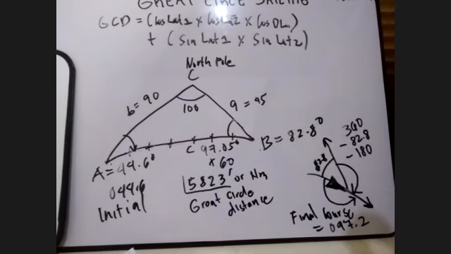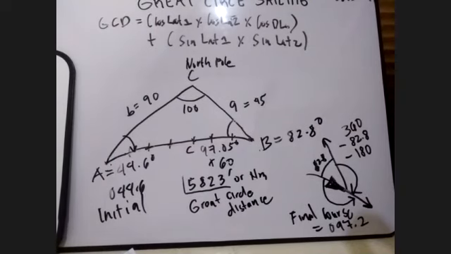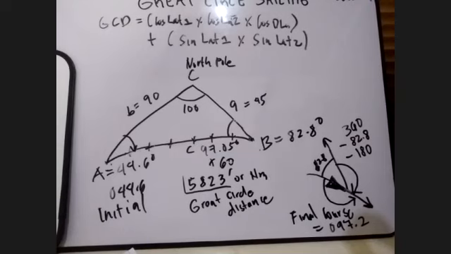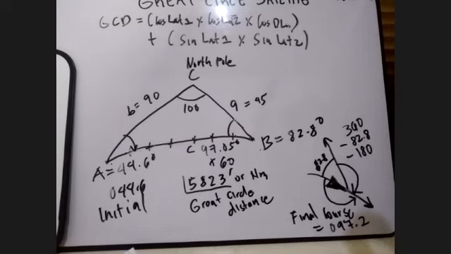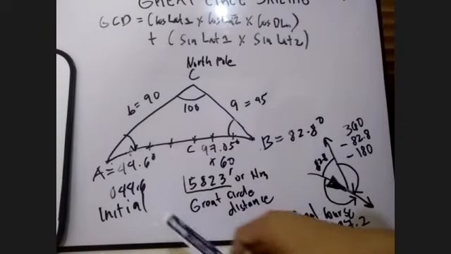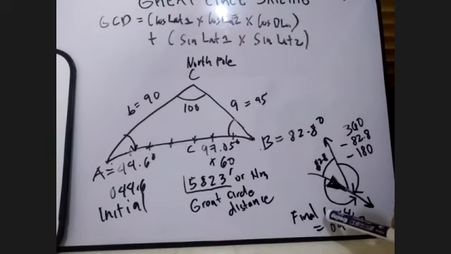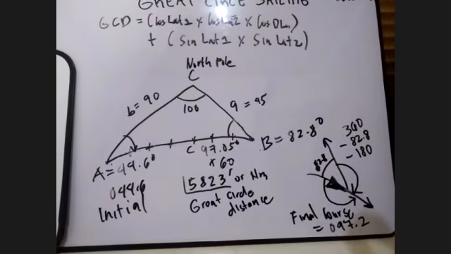So this is the method of calculating the great circle sailing via cosine law to determine the initial course, final course, and the great circle distance. So initial course, great circle distance, and the final course.